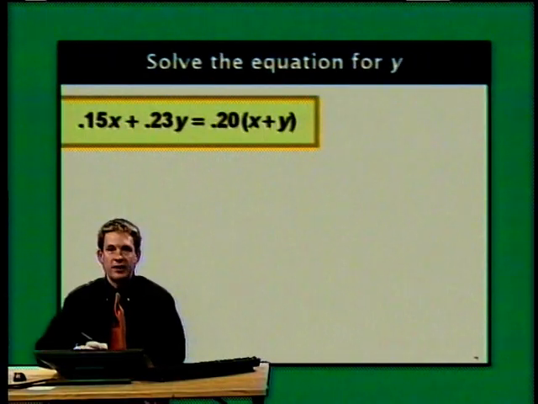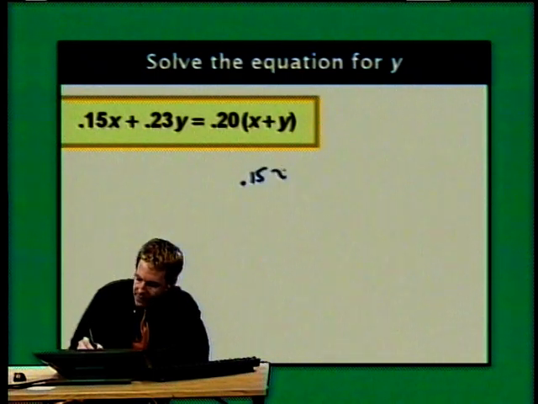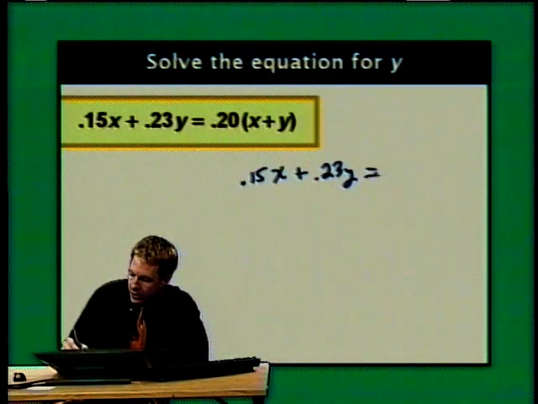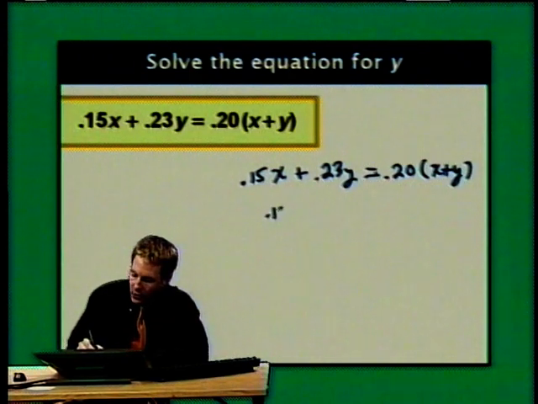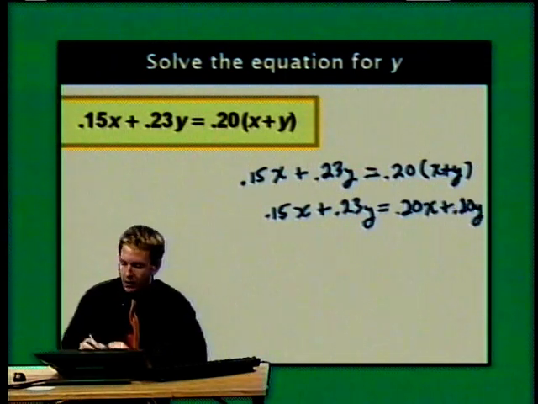Let's solve this equation for y. I'm starting with 0.15x plus 0.23y equals 0.20 times (x plus y). Distributing on the right, I have 0.15x plus 0.23y equals 0.20x plus 0.20y.